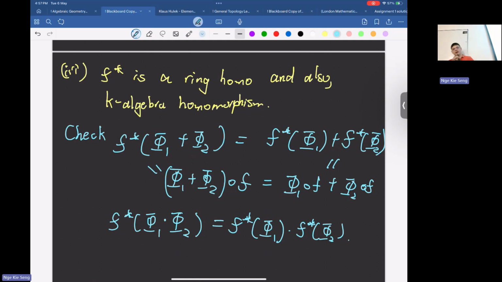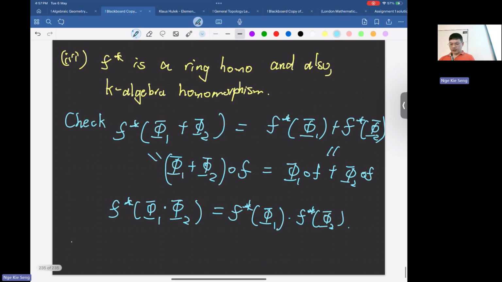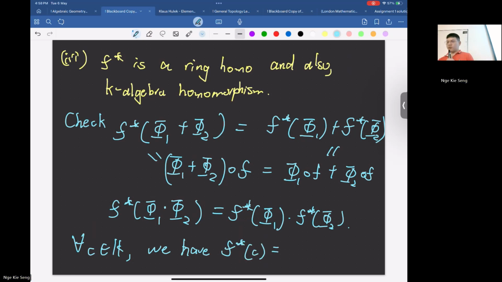Okay, how to check a K algebra homomorphism? So one thing you need to notice is, for every constant C here, what do we have on the pullback of this constant? What is the pullback of this constant here? Meaning constant composed with f. What does it do? It's still going to be a constant. It sends every point back to C again.